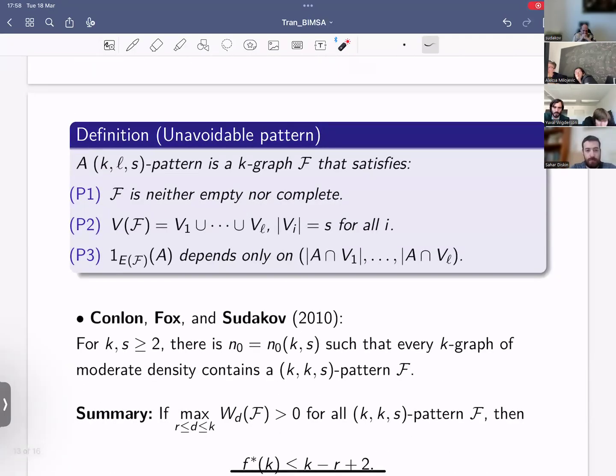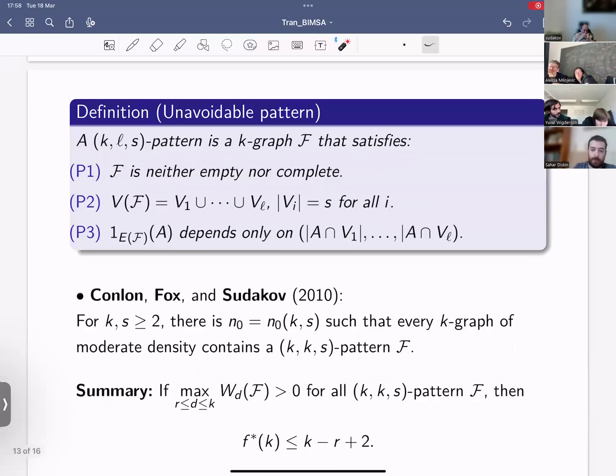And moreover, the vertex set of F can be partitioned into l parts, V1 to Vl, each of size s. And moreover, the indicator evaluated at any k-element set A depends only on the intersection type, that is, the size of the intersection of A with V1 and so on, and the size of the intersection of A with Vl.